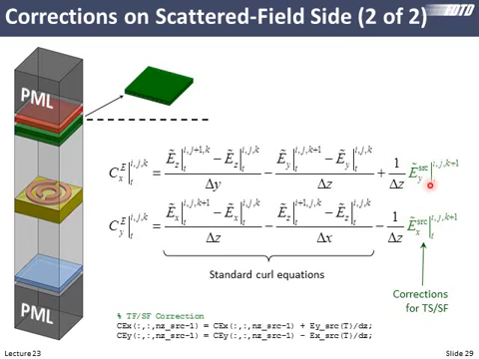So we're adding a correction term to the x component of curl, and we're subtracting a correction from the y component of curl. And so here's how we would do that. 2 simple lines of code in MATLAB.